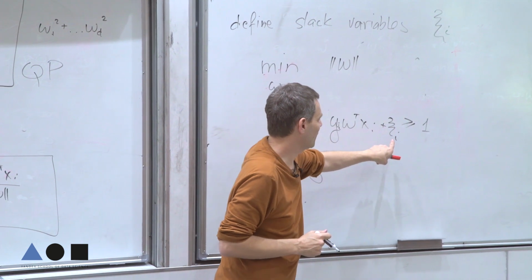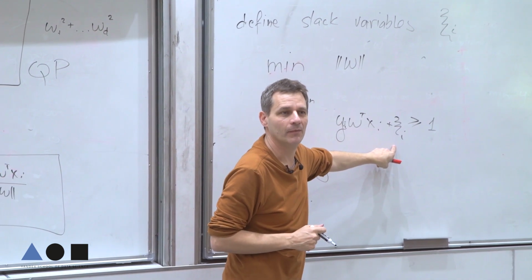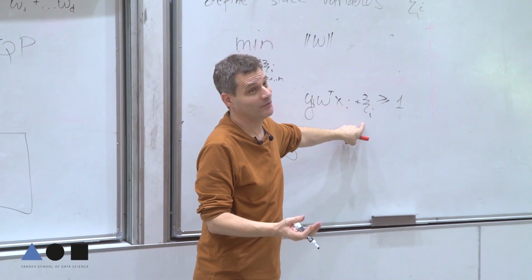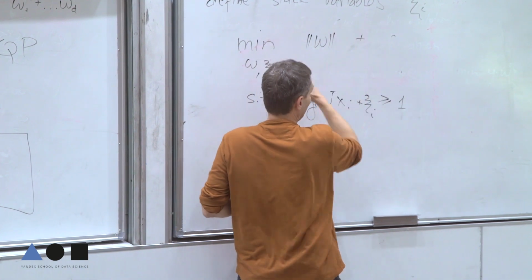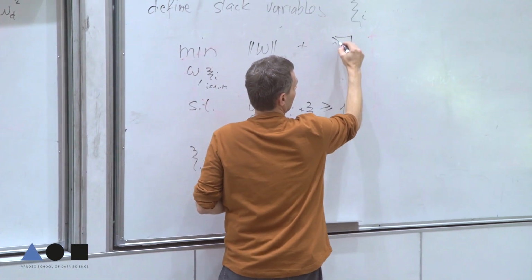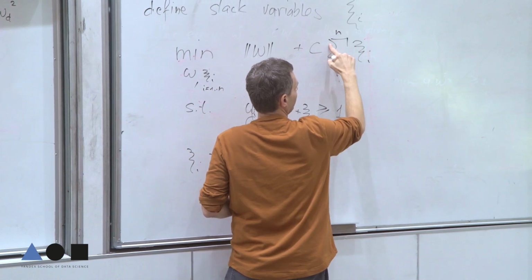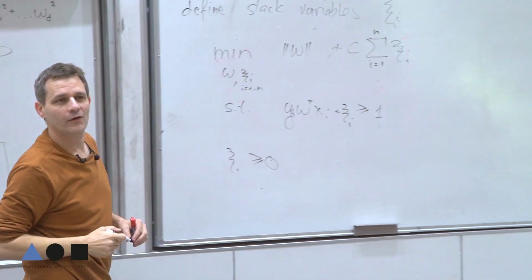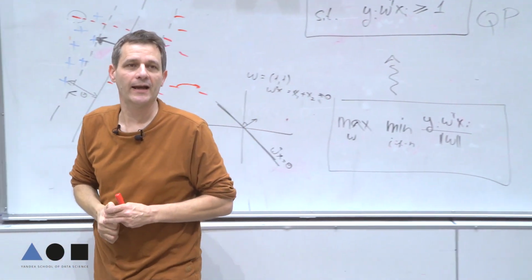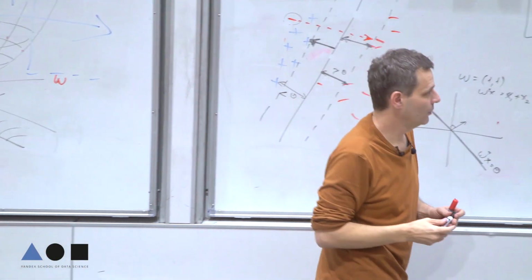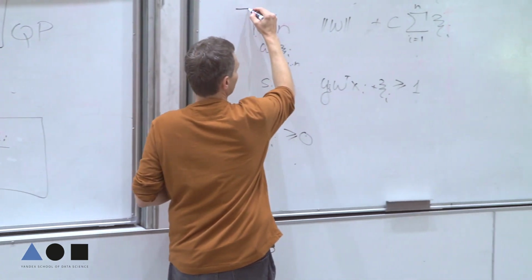We're going to add that positive term. But of course, this is going to cost you. So in the objective, we're going to pay a price that is the sum of all the exceptions, all the slacks. So this is the new optimization problem.